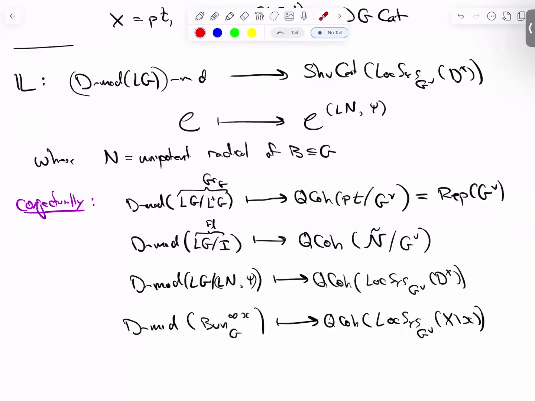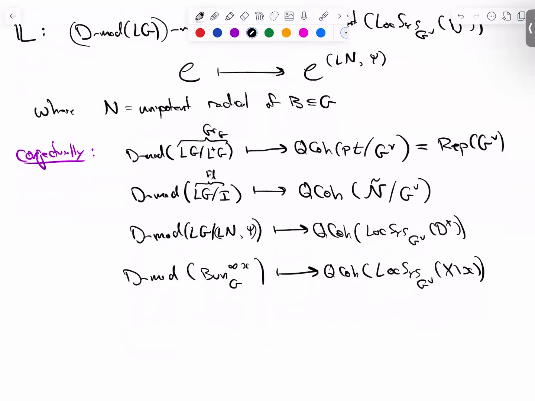But modulo this expectation that these match up, you can actually deduce everything. It's really cool. It patches together all of these Bezrukavnikov equivalences and more. Let's just give some applications.